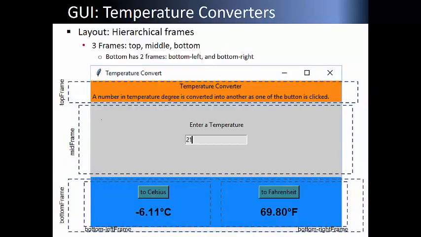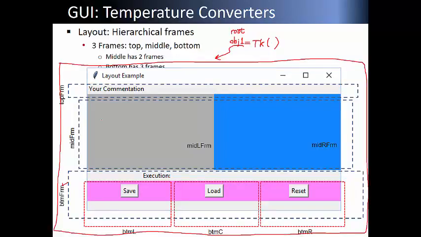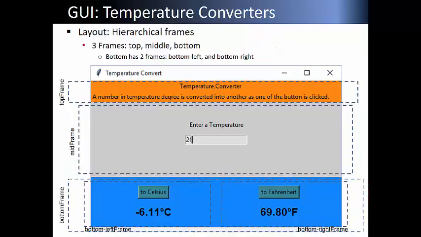Similar to the way that you design, the homework assignment is like that. So you need to have the basic container. The basic container has a top frame, mid frame, and bottom frame. The bottom frame, for example, can have 2 subframes. And if you look at this subframe, there are 2 tiers, right? This is row 0 and this is row 1.